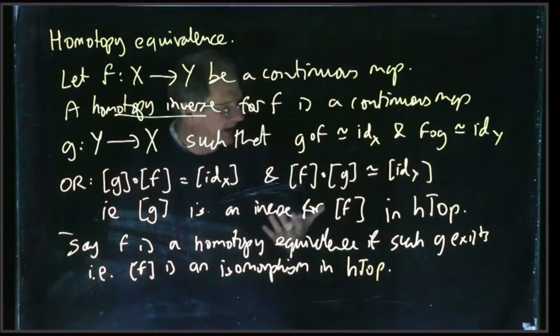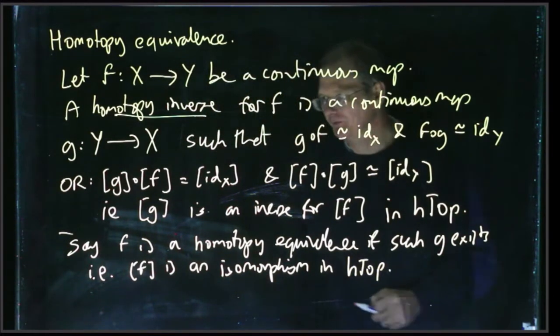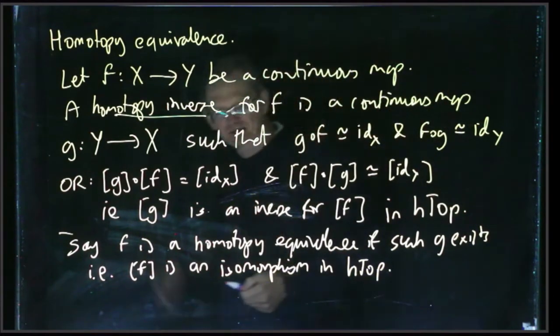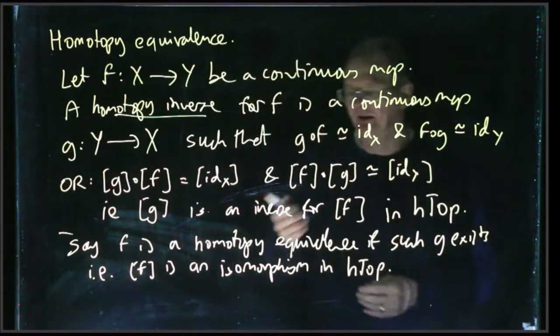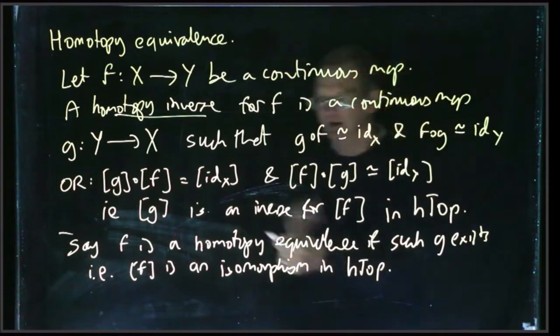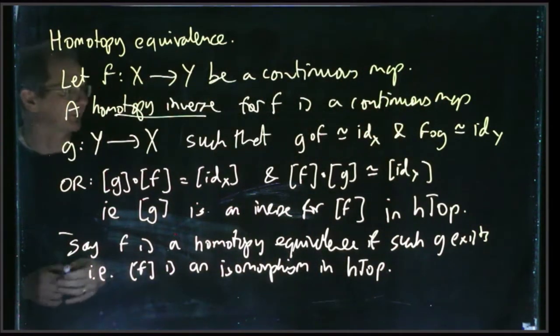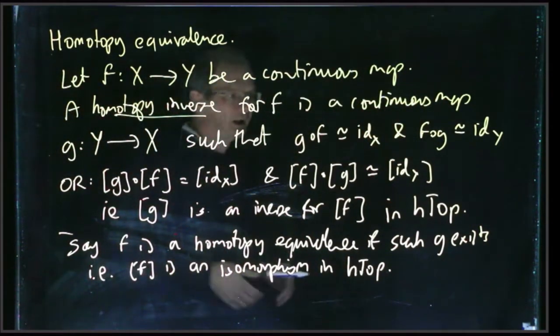In any category, an isomorphism is a morphism that has an inverse in this kind of sense. So here we're saying square bracket G is an inverse of square bracket F in H-top. So that's just saying that square bracket F is an isomorphism in H-top.